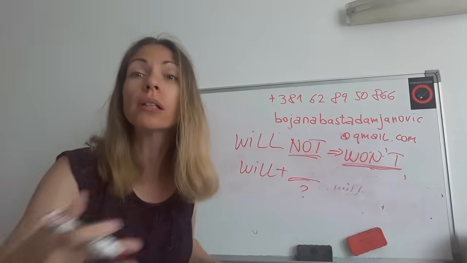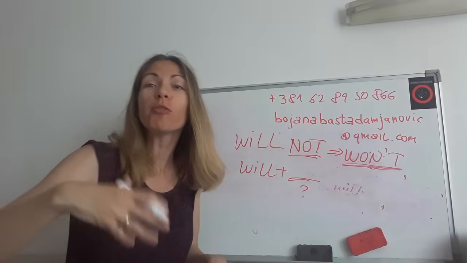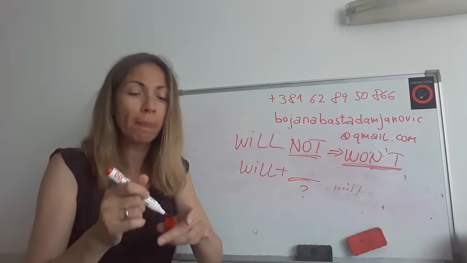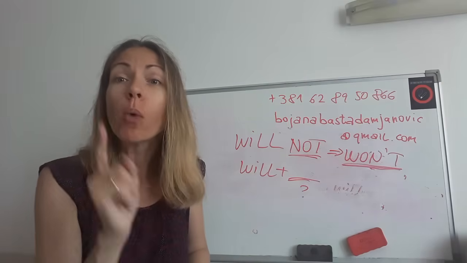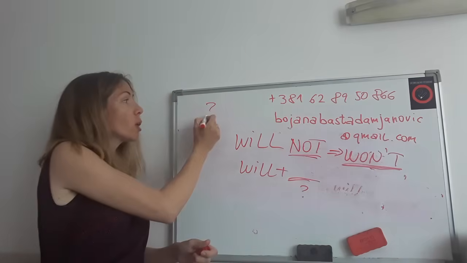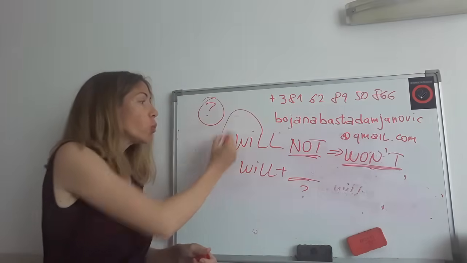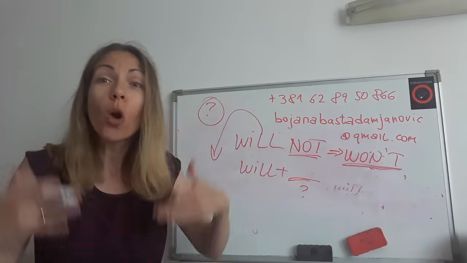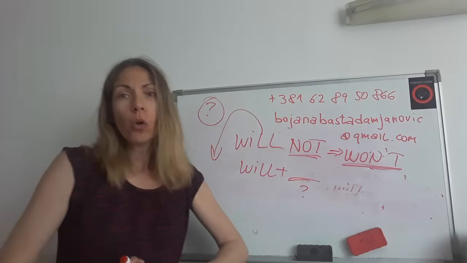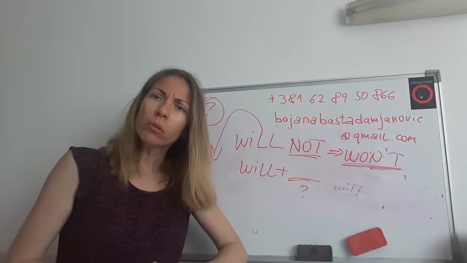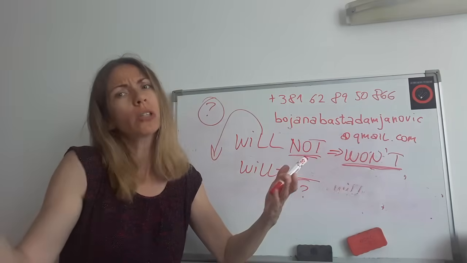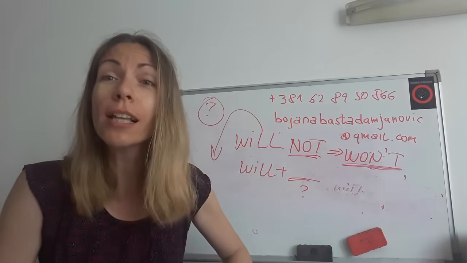I will learn. I will cook. I will speak. I will talk. I will go, right? Question form. When you want to ask a question, you just put will at the beginning of the sentence, okay? So you say, will you work tomorrow? Yes, I will. Or no, I will not. I won't work tomorrow. Will you learn English?